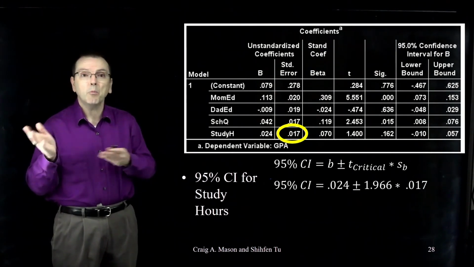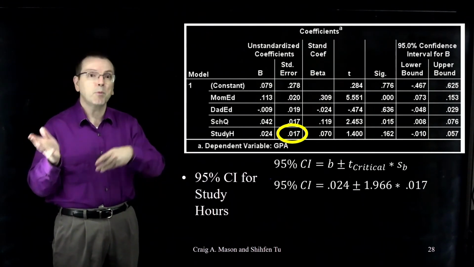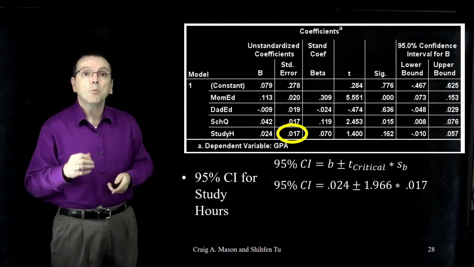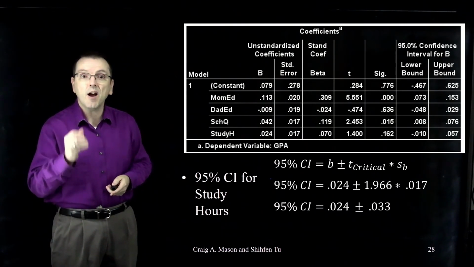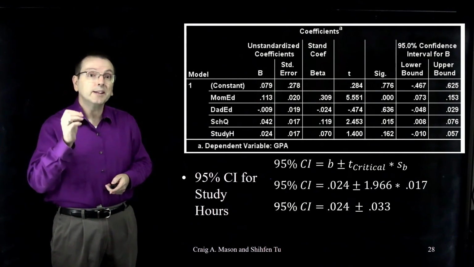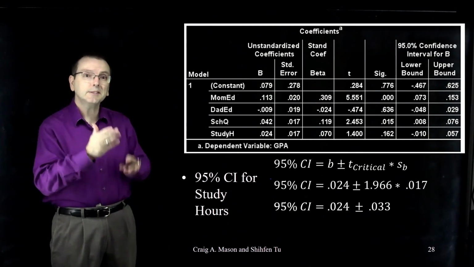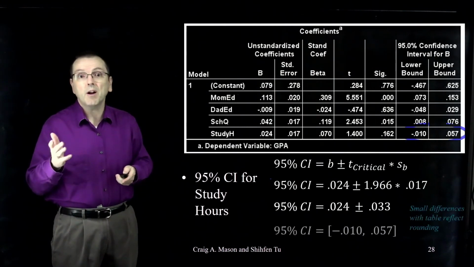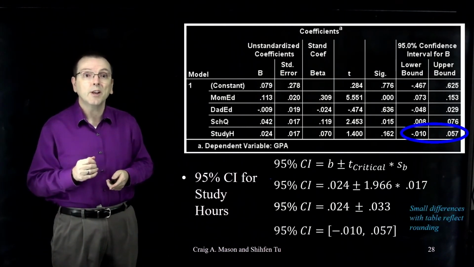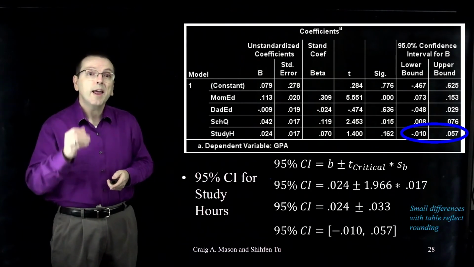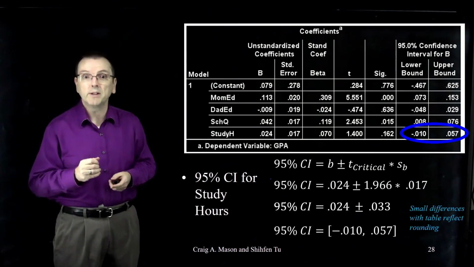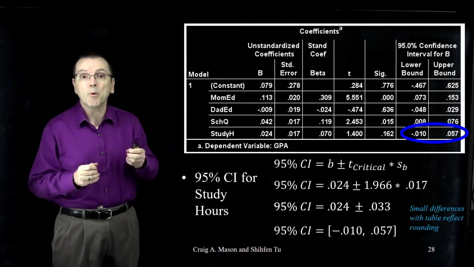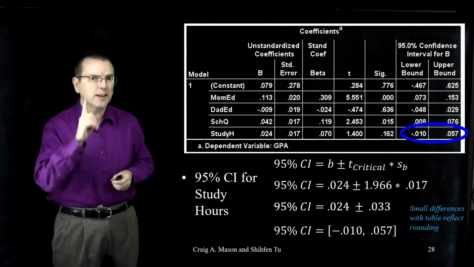If we multiply 1.966 times 0.017, we get our 95% confidence interval equals 0.024 plus and minus 0.033, or our 95% confidence interval equals the range from negative 0.010 up to positive 0.057.